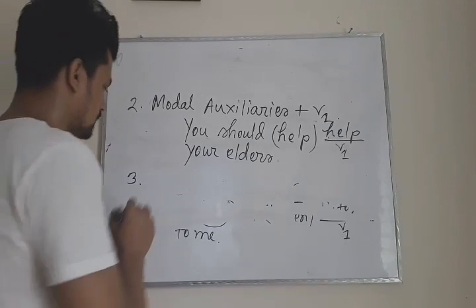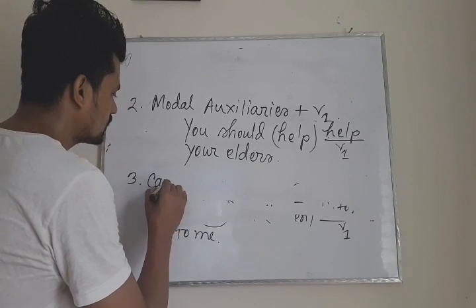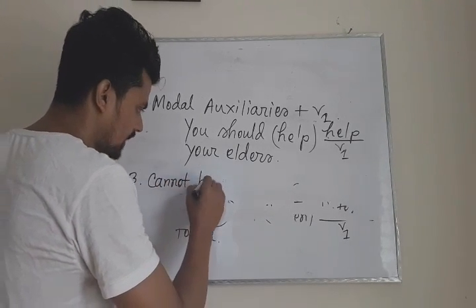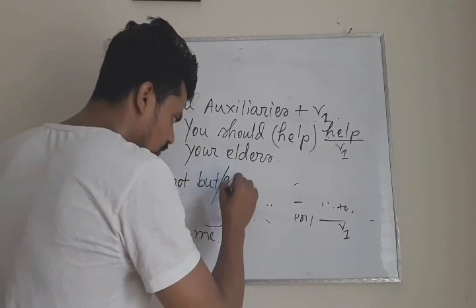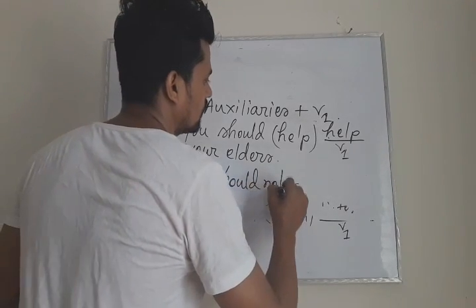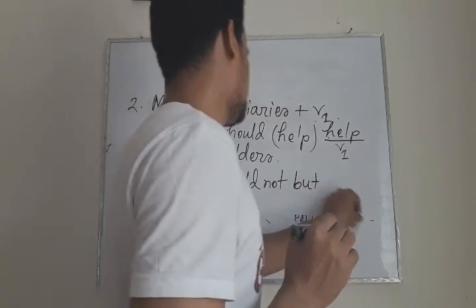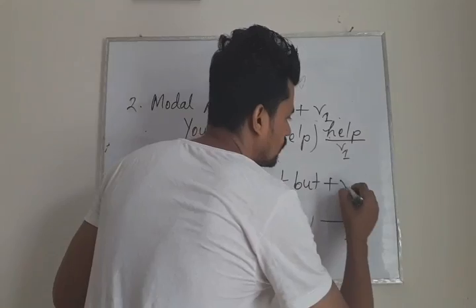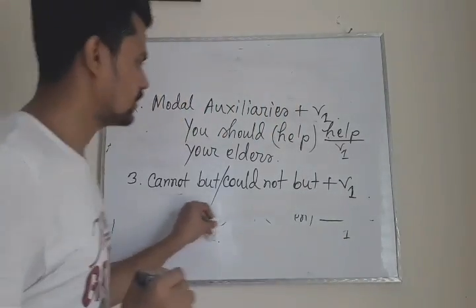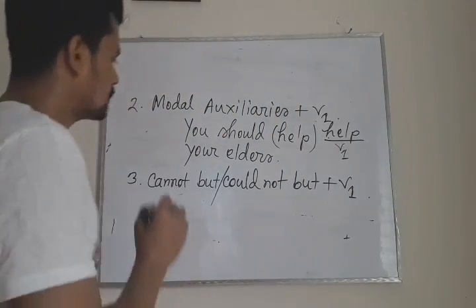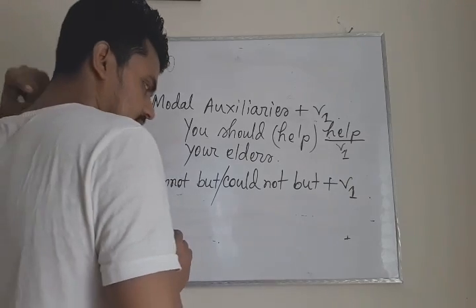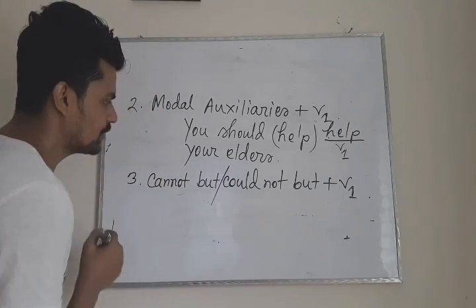Number 3: cannot but, could not but. After these phrases, we write the V1 form. What is the meaning of the two phrases?